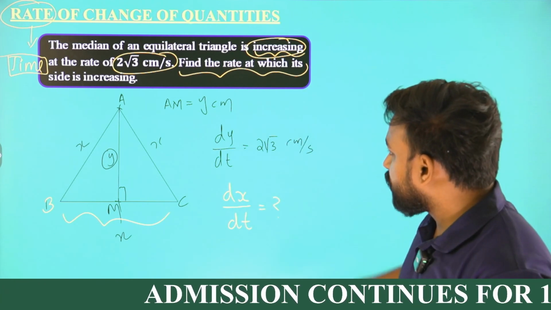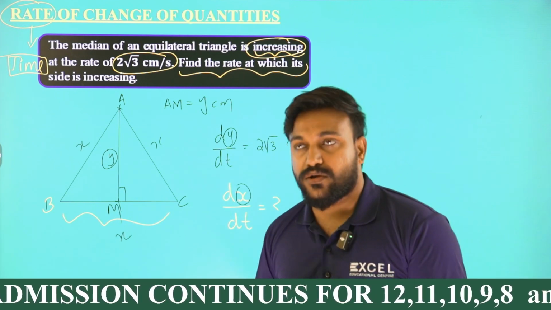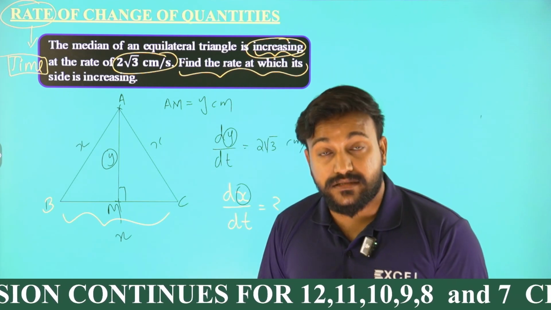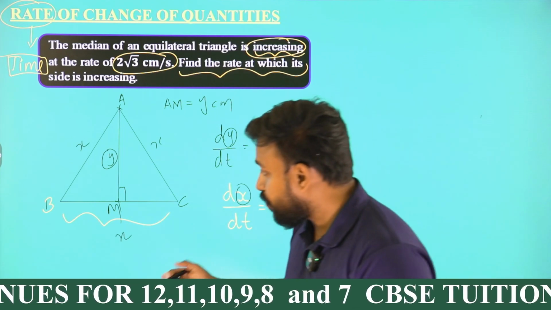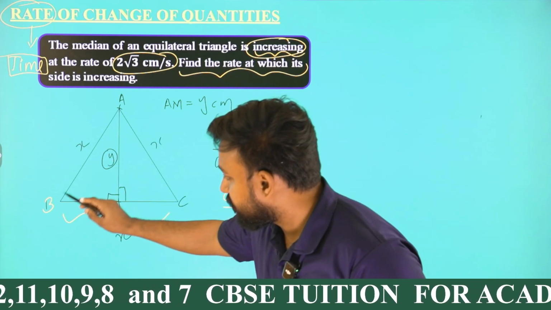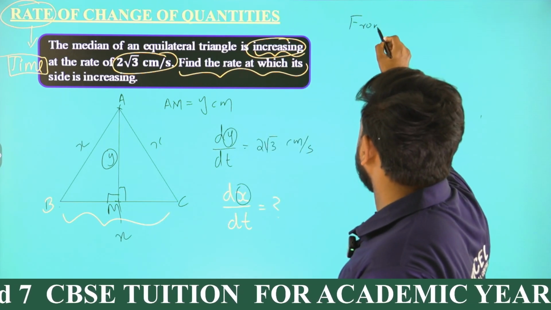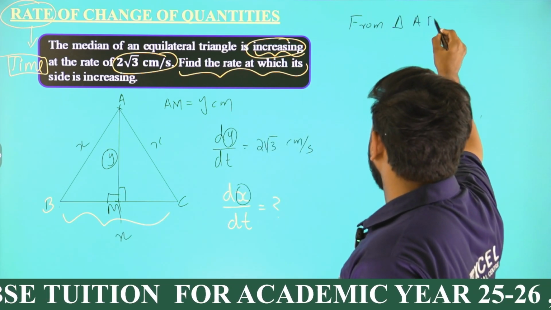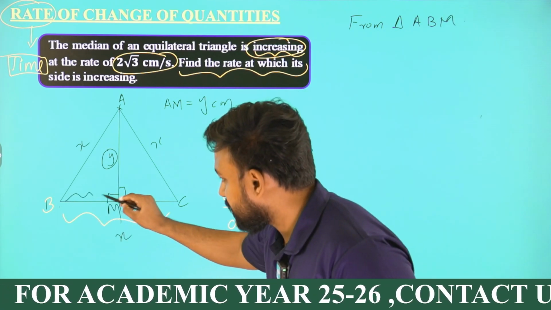So we need to relate y and x. If you get a question like this, first we need to create an equation that relates y and x. So how do we get that? Look at the figure. Can you see the triangle ABM? From triangle ABM, what is the length BM?